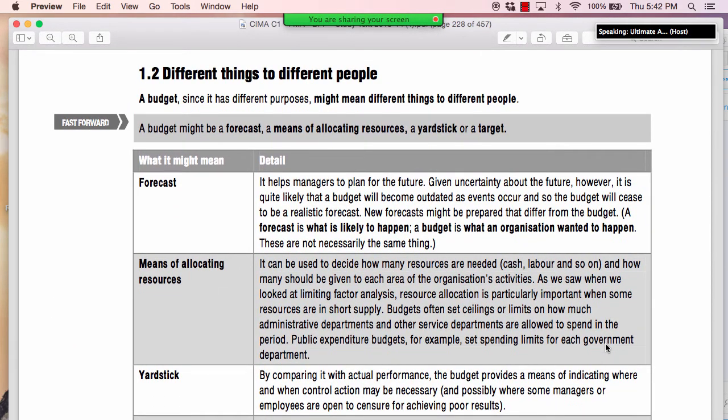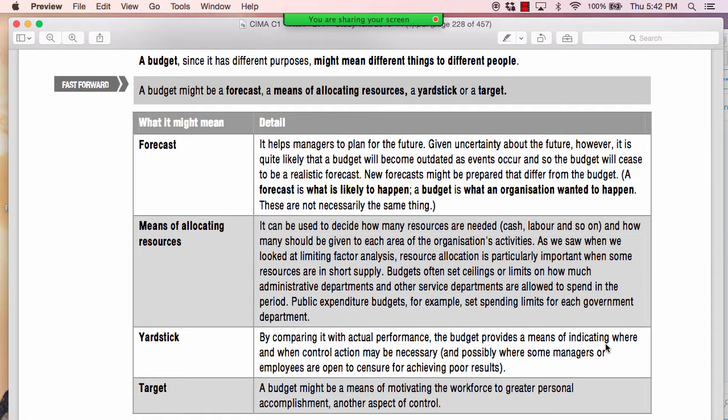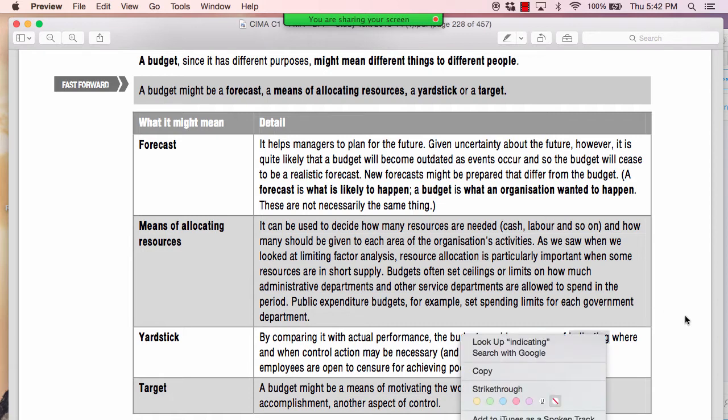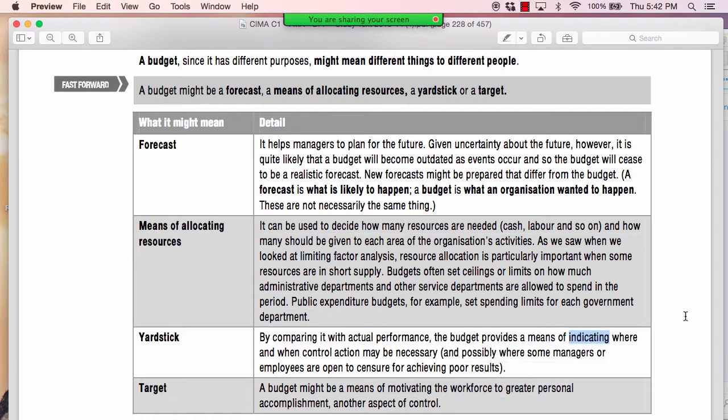Budgets are different things to different people, right? Because it could be looked at as a yardstick, so it is basically a control mechanism. It could also be looked at as a target, motivating people to achieve certain sales targets.